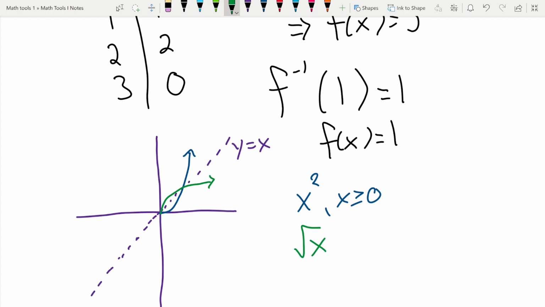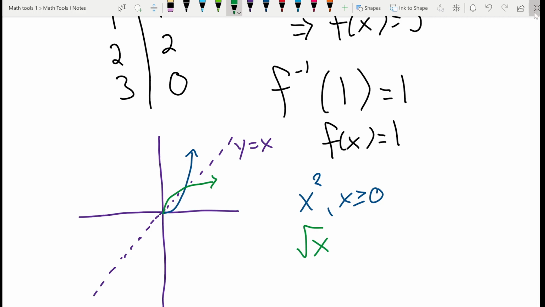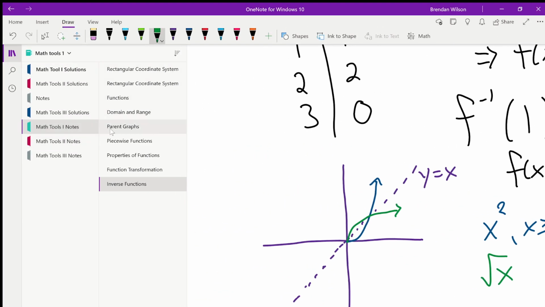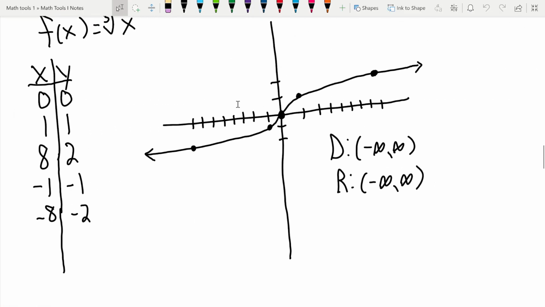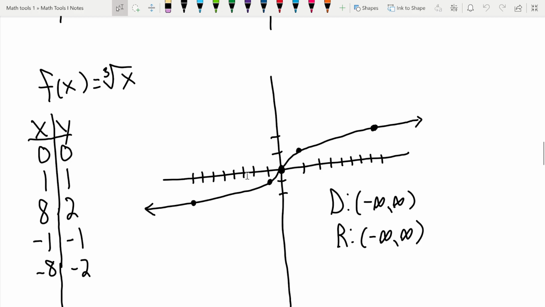If you take the graph of x cubed and reflect it over y equals x, you would get the cube root graph. Let's go over there just to look at these parent graphs again so you can see that relationship. You can see this cube root graph right here.